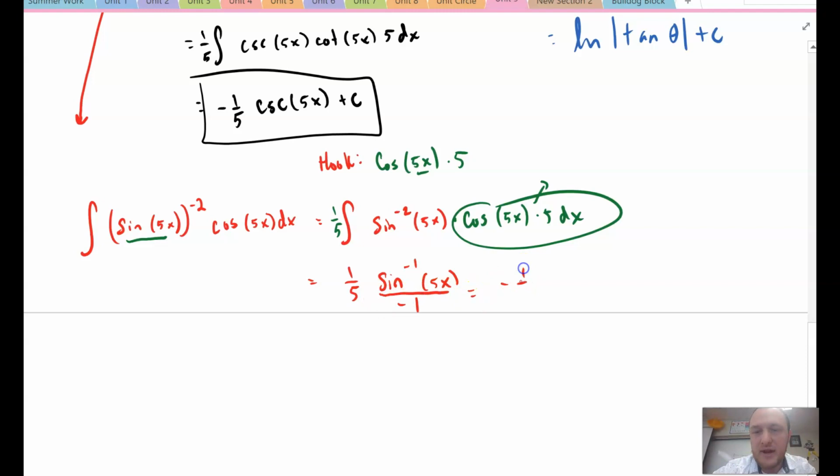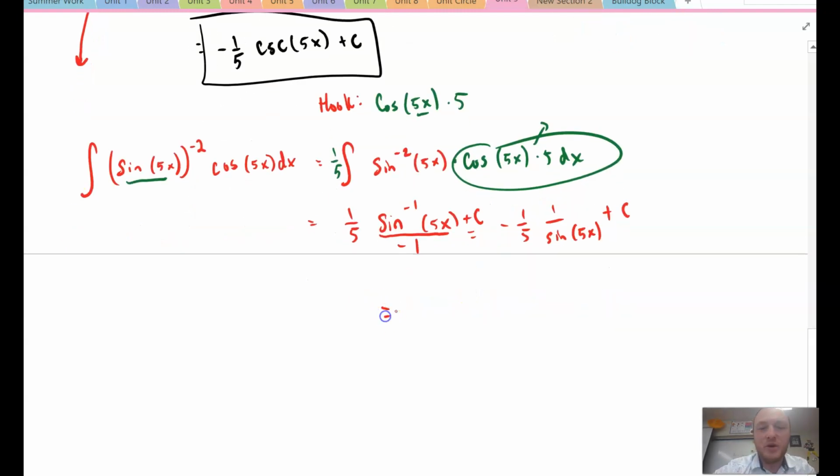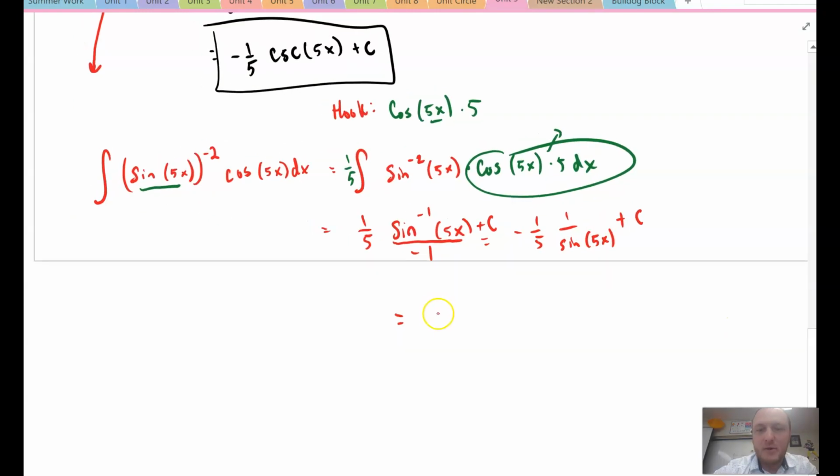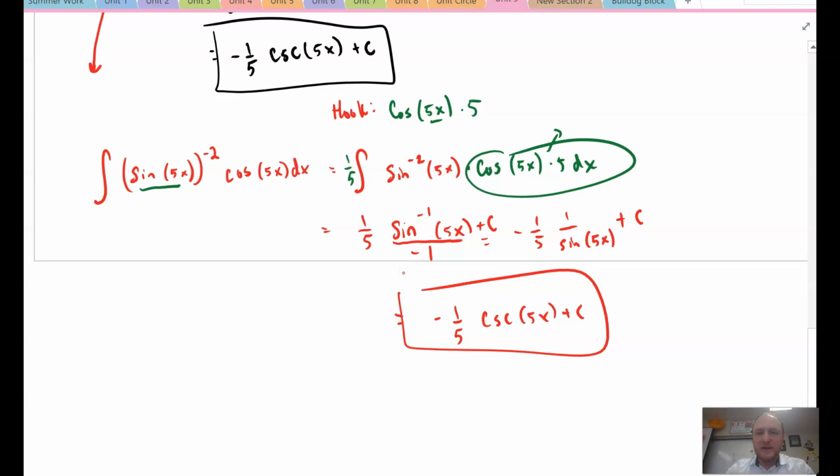So what do we end up with? -1/5 times 1 over sine of 5x plus c, I forgot my plus c, shame. Okay, and then what is 1 over sine of x? Well, that is cosecant of 5x. So you get the same thing different ways, but I wanted to make sure to show you that, bringing that denominator up.